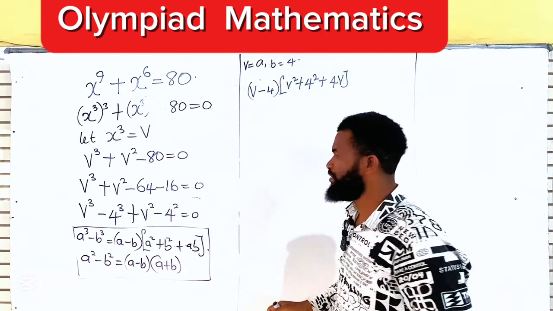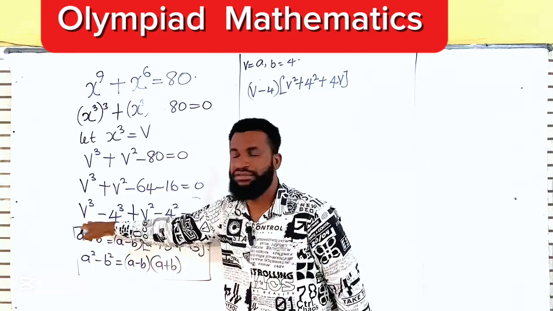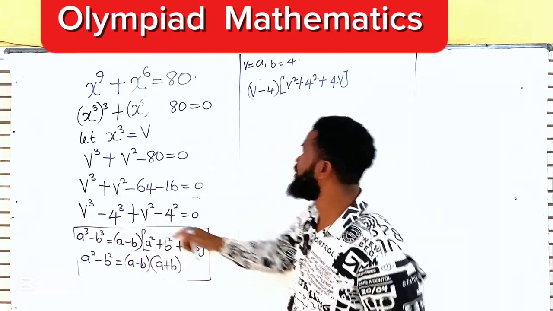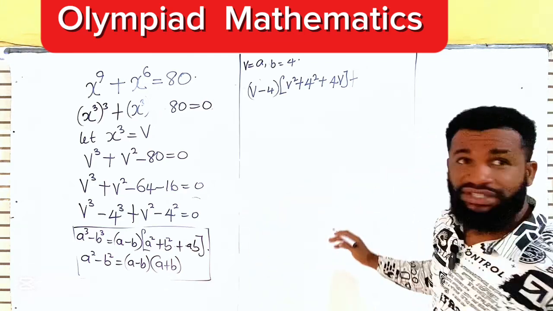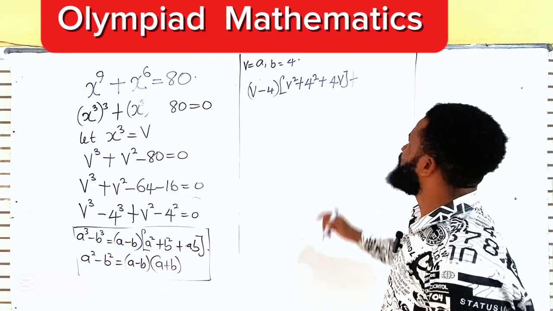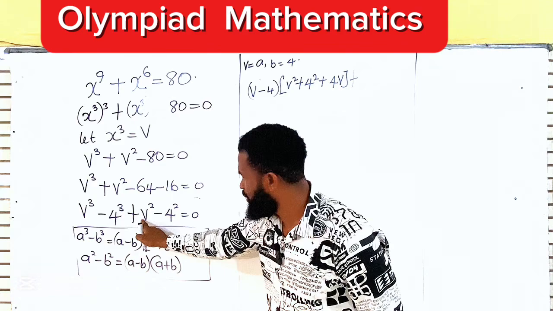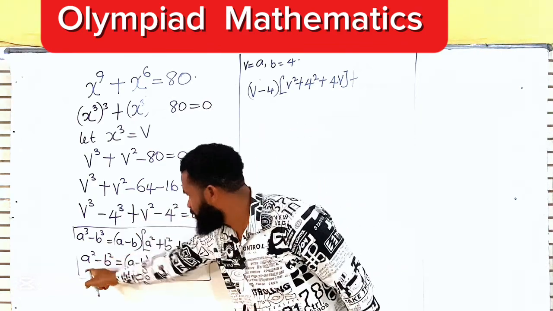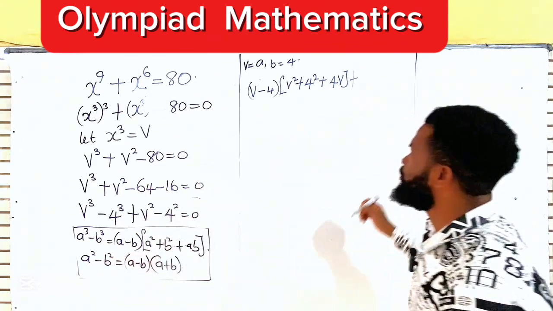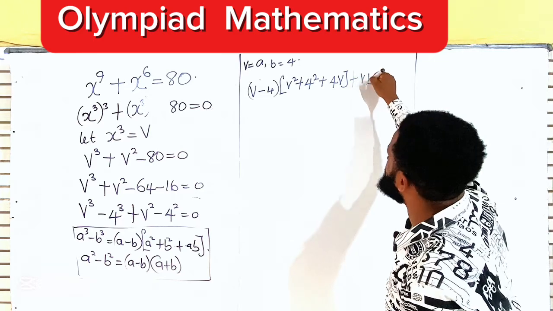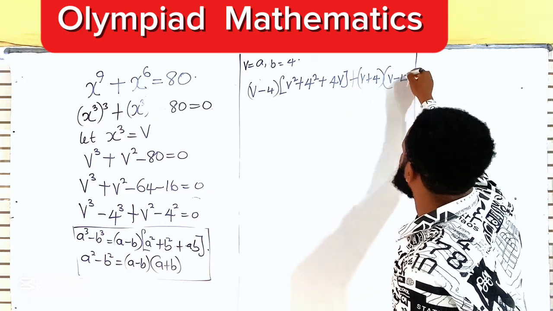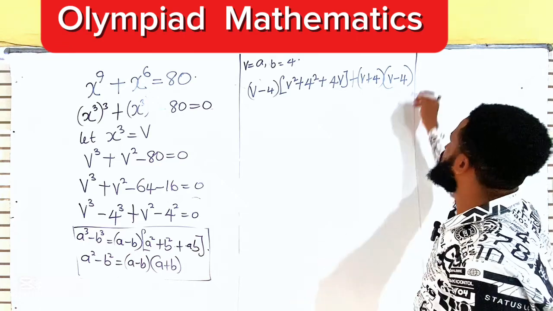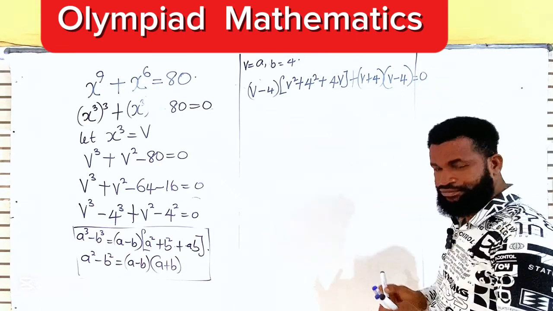All right. This is the first one. Then plus this one, in place of a, I'll put v. In place of b, I'll put 4. So this is going to be v plus 4 and v minus 4. And this is equal to 0.